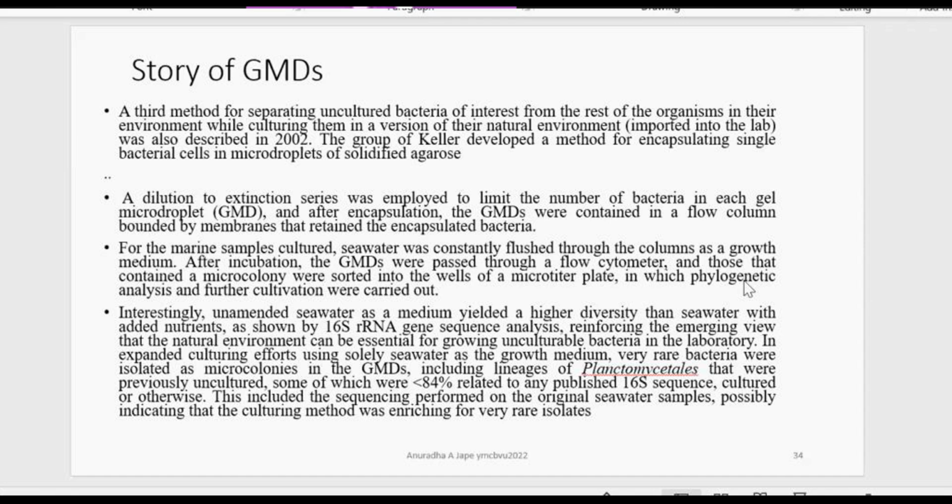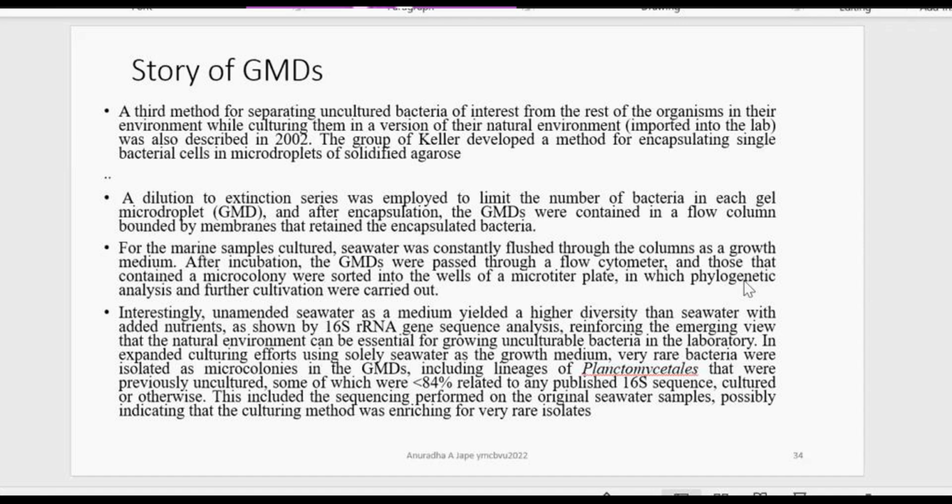So, of course, the flow column, which is bounded by membranes, is going to be used, right? So, when marine samples are cultured, seawater can be constantly flushed through the column, and this seawater only is going to act as a growth medium, and you are going to allow these bacteria to get incubated within those gel beads only.